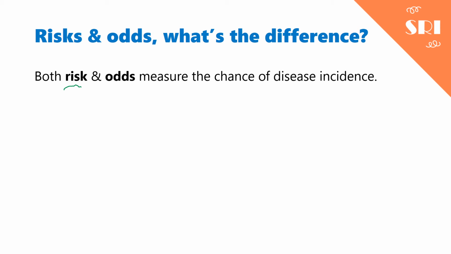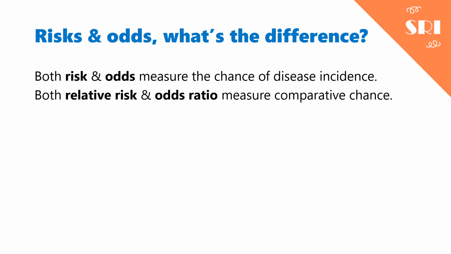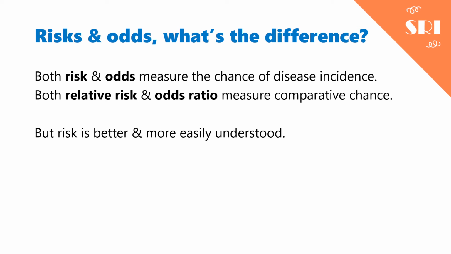The risk does that in comparison to the population, while odds does that in comparison to the healthy people, or the non-cases. And similarly, the relative risk and odds ratio both measure the comparative chance. That means we can use any of these to compare the chance or incidence in different groups. But the difference here lies in that the risk is better and more easily understood than the odds. It makes more sense to us when we use the risk. So it's actually more preferred.